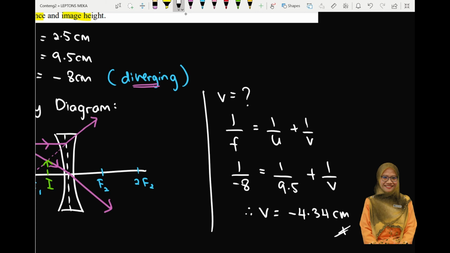Don't forget your unit. Unit is very important in physics.